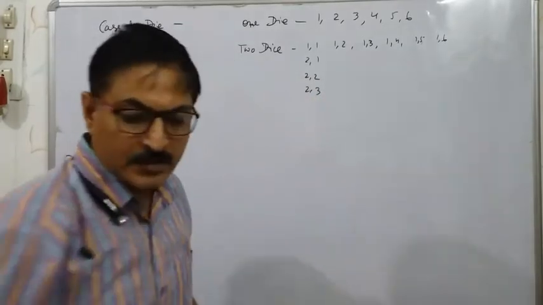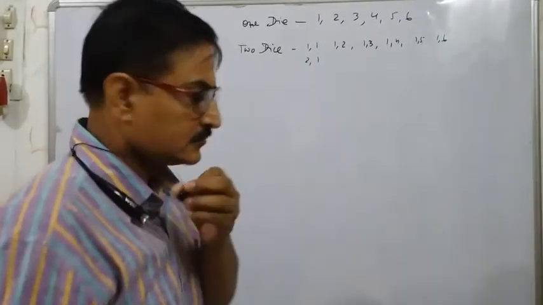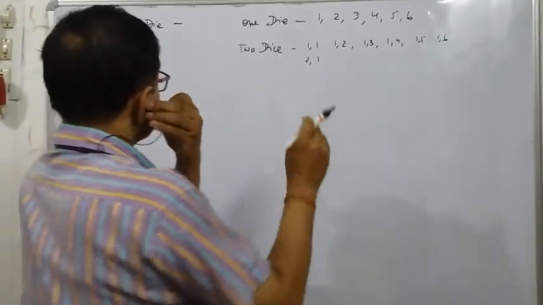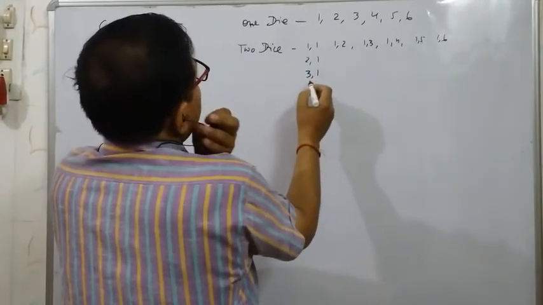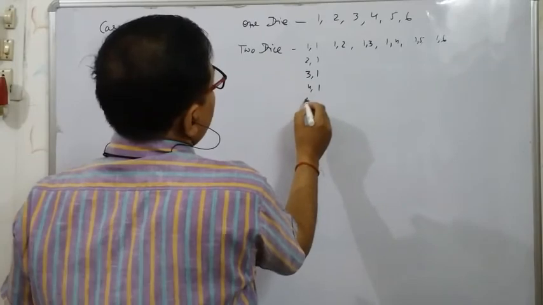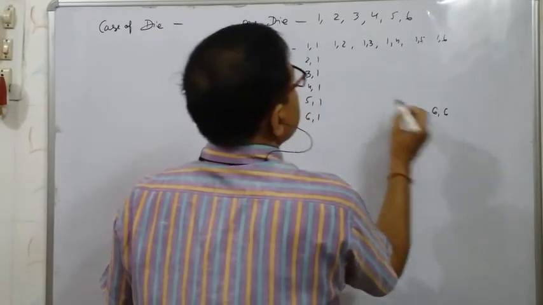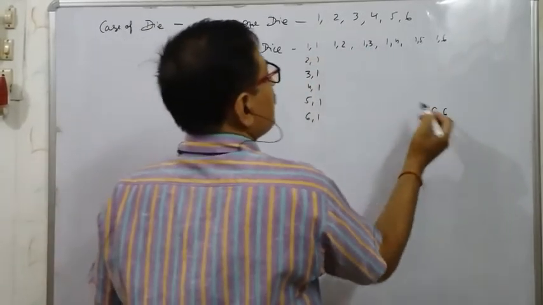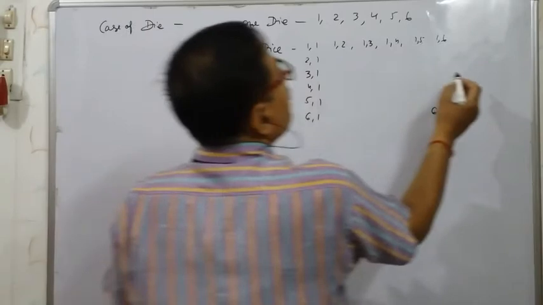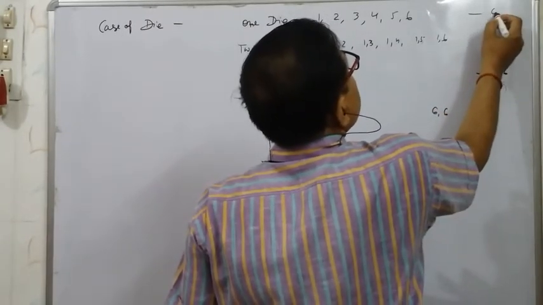There will be 3,1. In that way, the column will increase: 4,1, 5,1 and 6,1. In the last, it comes to 6,6. So 6 times 6 is 36. When 2 dice are there, the total number of outcomes is 36. And when 1 die is there, 6.